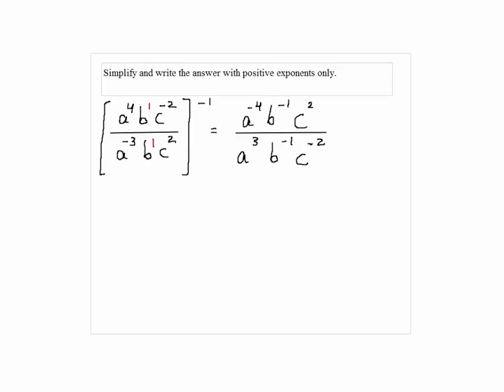So, for the first term, we would have a to the power of minus 4 minus 3 times b to the power of minus 1 minus 1 times c to the power of 2 minus 2.